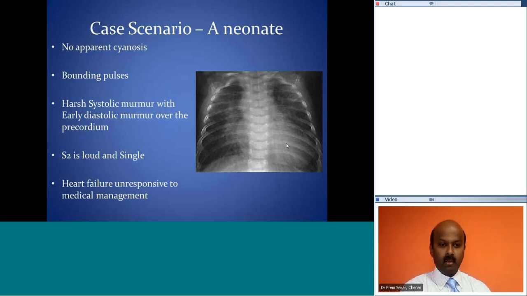And all features of heart failure, which were despite maximal medical management with anti-failure therapy. So, what is the most probable diagnosis in this neonate?